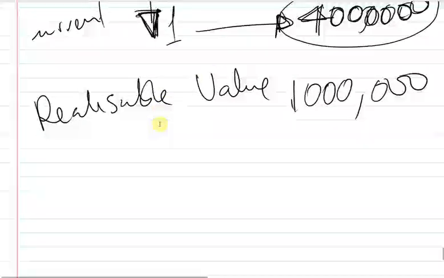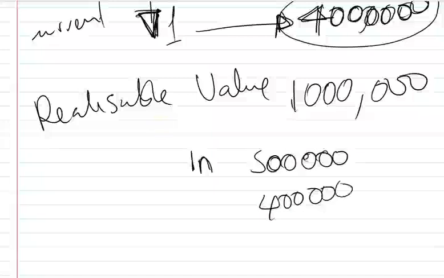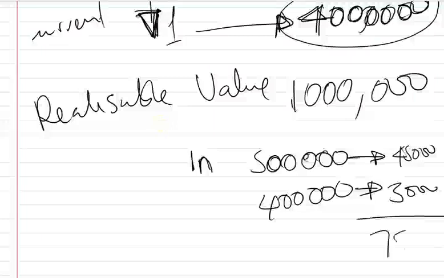In the next year, maybe it will bring me cash flows of 500,000. The other year, the last year, it will give me cash flows of 400,000. So we will need to present this in present values. Maybe the present value will be 450, this one will be 300, so the value will appear at 750.